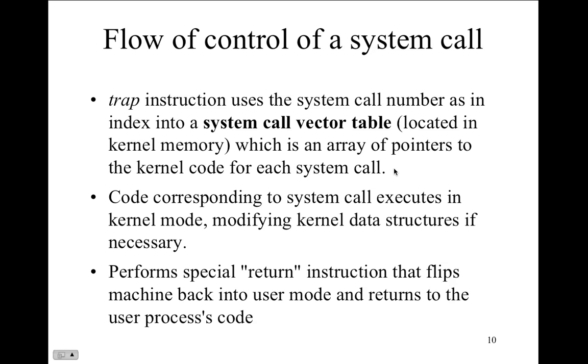So the code corresponds to a system call, executes in kernel mode, modifies kernel data structures if necessary, performs what's called a return instruction that flips the machine back into user mode and returns to the user process's code. That's just the same as a return in C. So when you learn C, which is actually not a bad language to learn if you're a computer science person, because it's Unix.